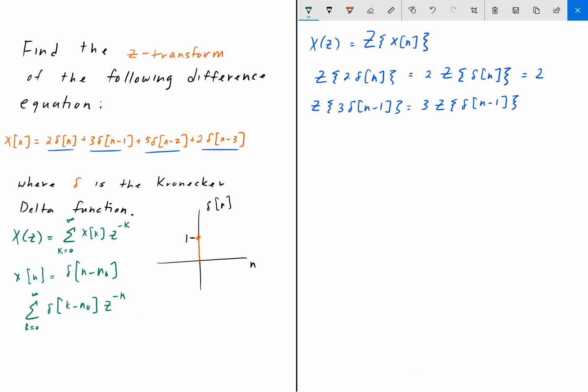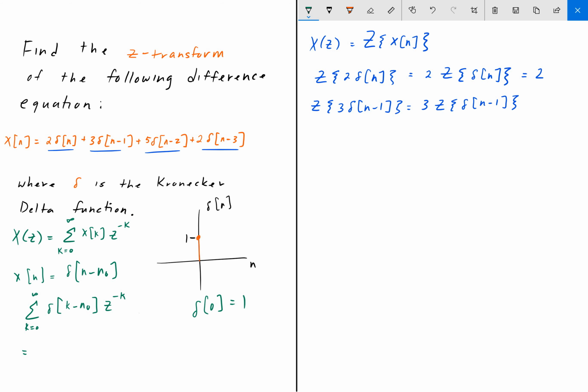If we look at this, the delta function is equal to 0 at all values except at 0. Delta of 0 is equal to 1, that is the only time it has a value, and it's 0 otherwise. So even if we are summing from 0 to infinity, there's only one value where the delta function is non-zero, and that is at k equal to n0.